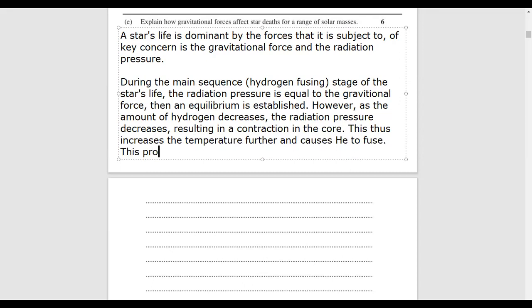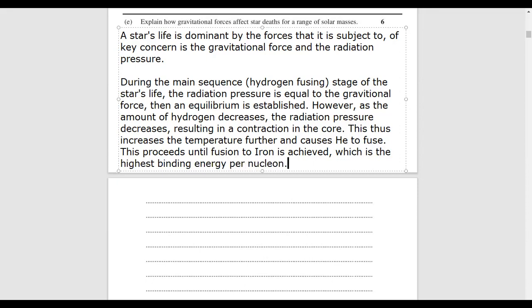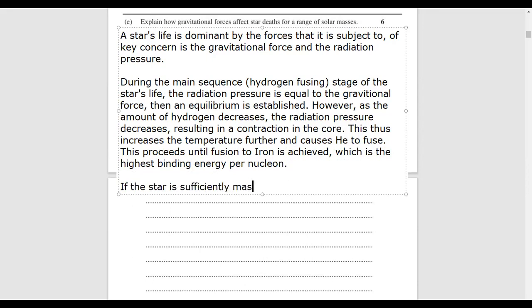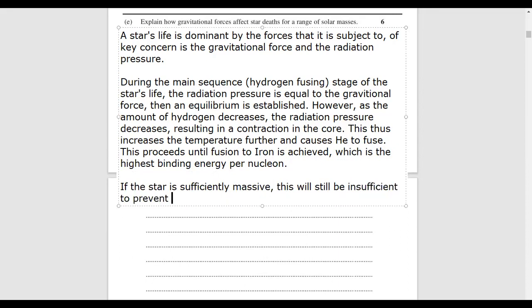This proceeds until fusion to iron is achieved, which is the highest binding energy per nucleon. If the star is sufficiently massive, this will still be insufficient to prevent gravitational collapse.